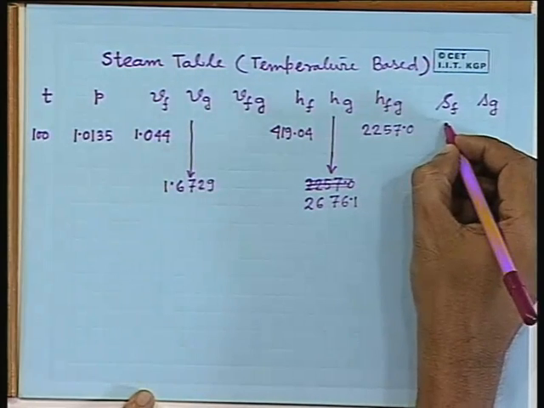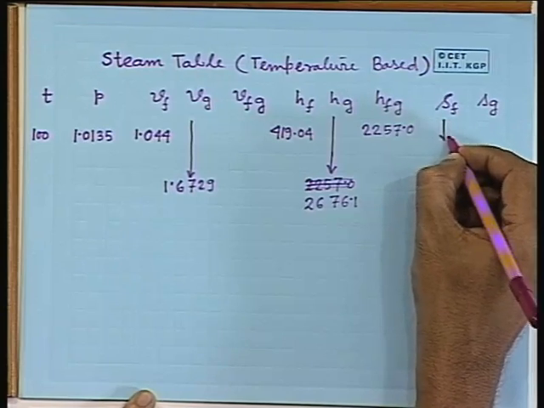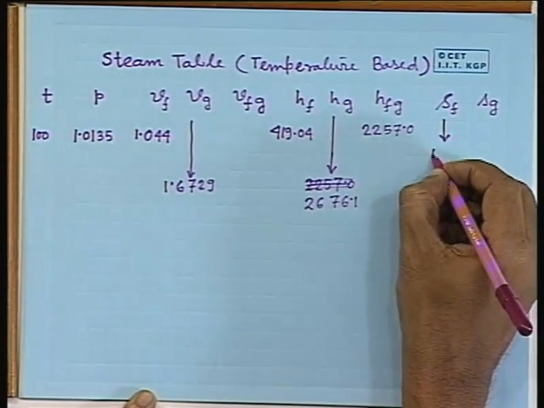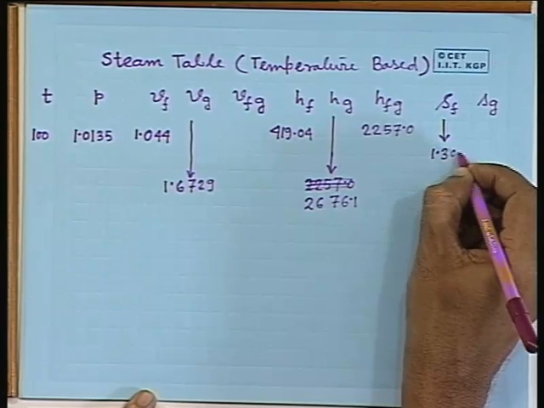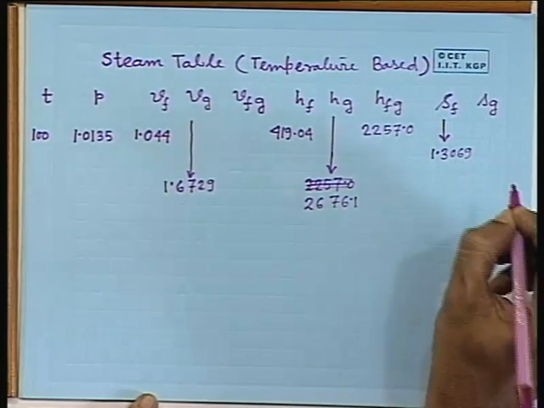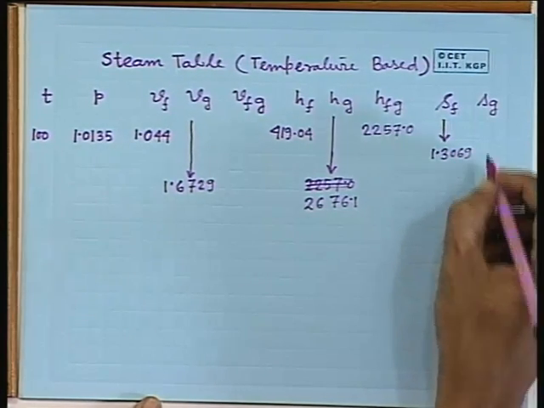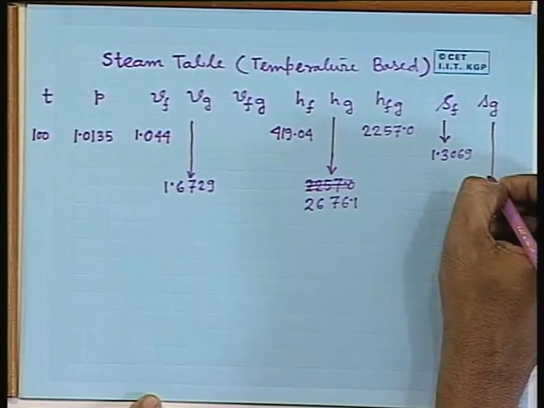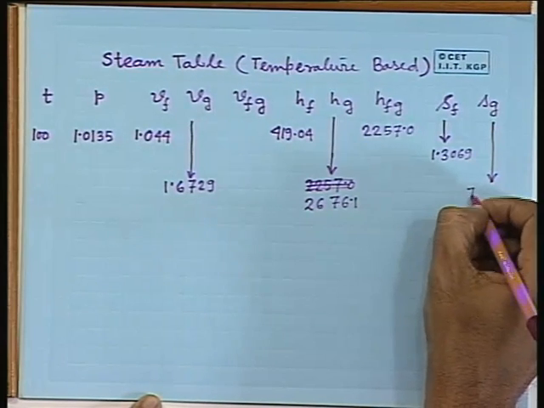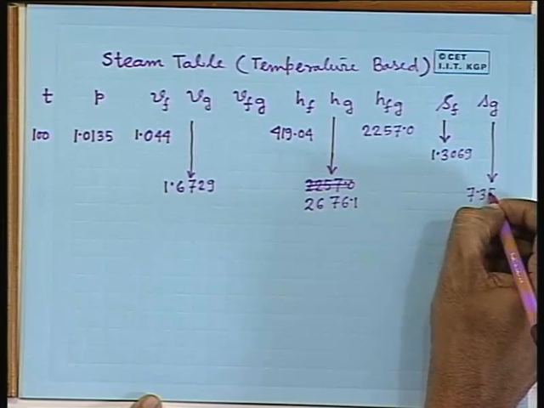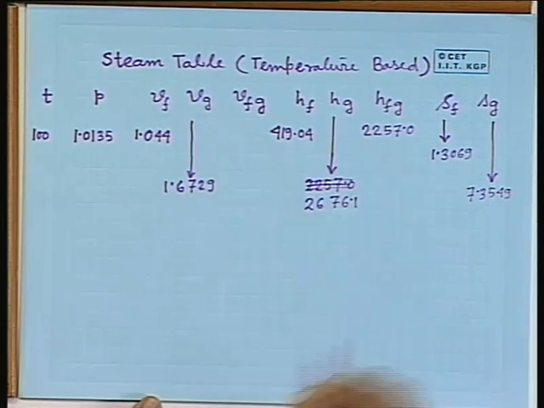Sf will be 1.3069 kilojoule per kg Kelvin, and Sg will be 7.3549. So, these are the values we will get.